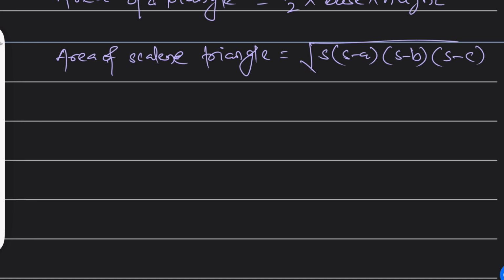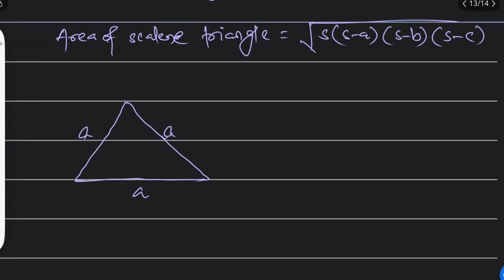If there is an isosceles triangle like this, or an equilateral triangle, let's talk about that first. If you have an equilateral triangle, all sides are equal, then what is the area formula? For general triangle area, you can go with half into the cross product of two adjacent sides, A into A, and the sine of the angle between these two sides.